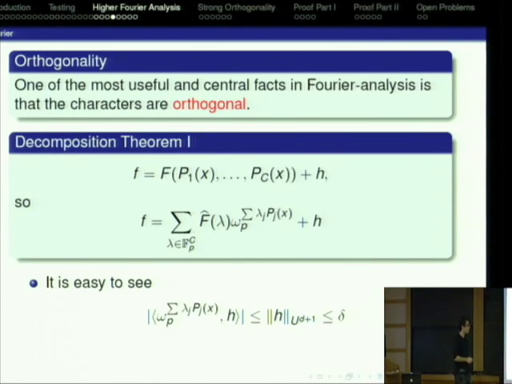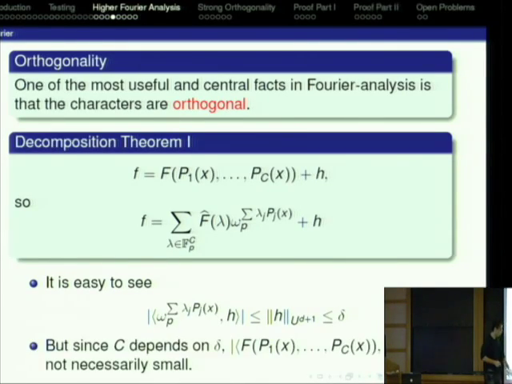But since the number c can depend on delta, we cannot bound this product, the product of f with h. So we can say that each one of the terms that appear is almost orthogonal to h, but we cannot say that the whole linear combination is orthogonal.